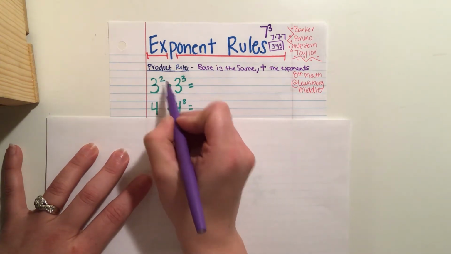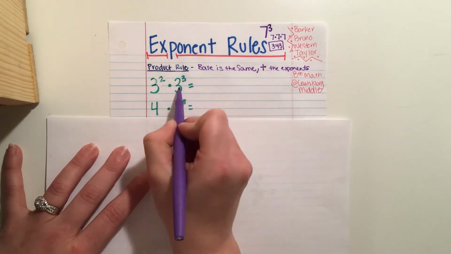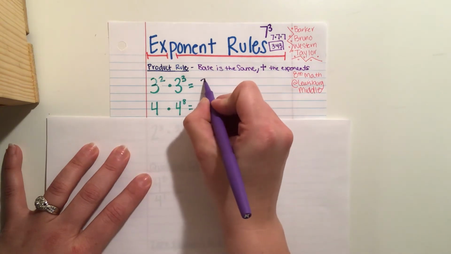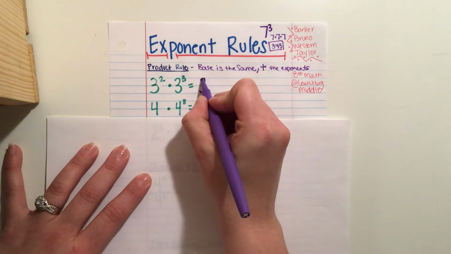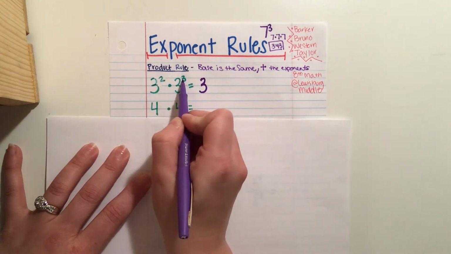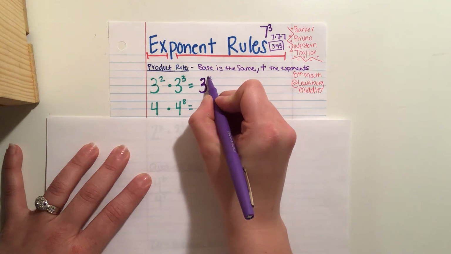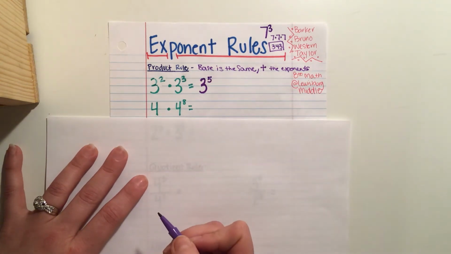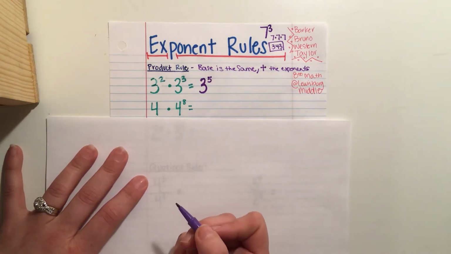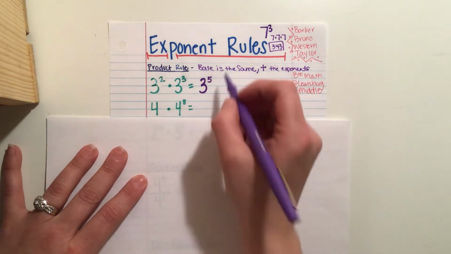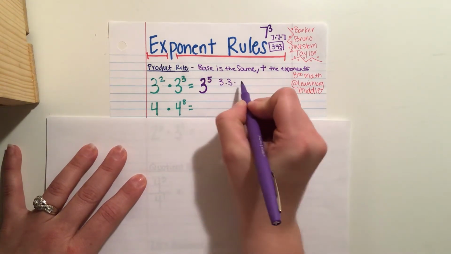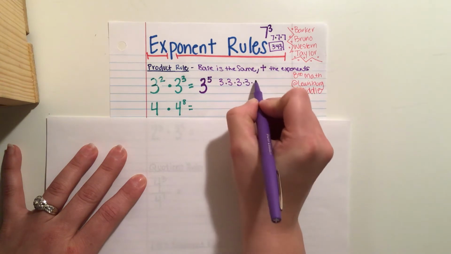So 3 to the second times 3 to the third, bases are the same. So you keep your base of 3, keep that same base, add the exponents. 2 plus 3 is 5. So 3 to the fifth is your answer. You can go ahead and break this on down and have 3 times 3 times 3 times 3 times 3.